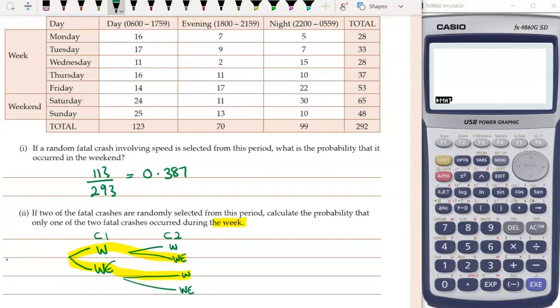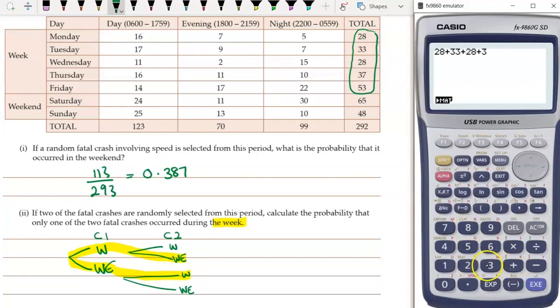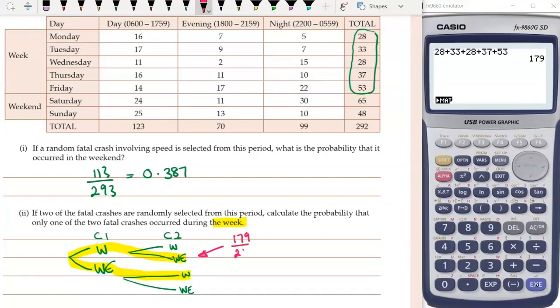So looking at our first branch there, to go in the week, we have these numbers here. So that's 28, 33, 28, 37, and 53 makes 179. So this branch here, let me just grab another colour. Let's go with this one. So this branch, we would do 179 out of 292 for the first crash.